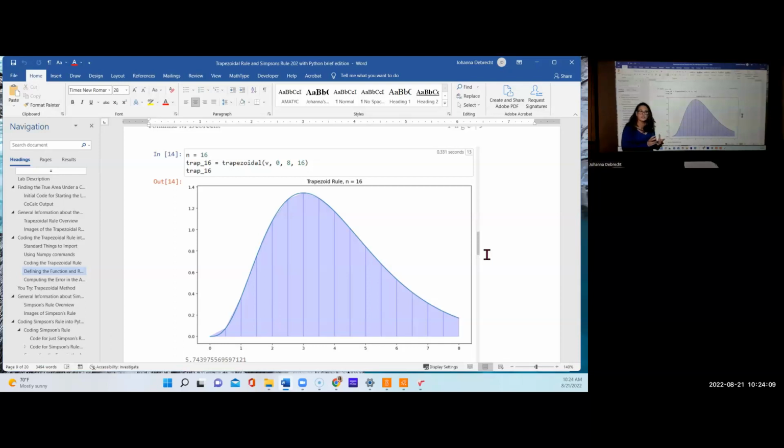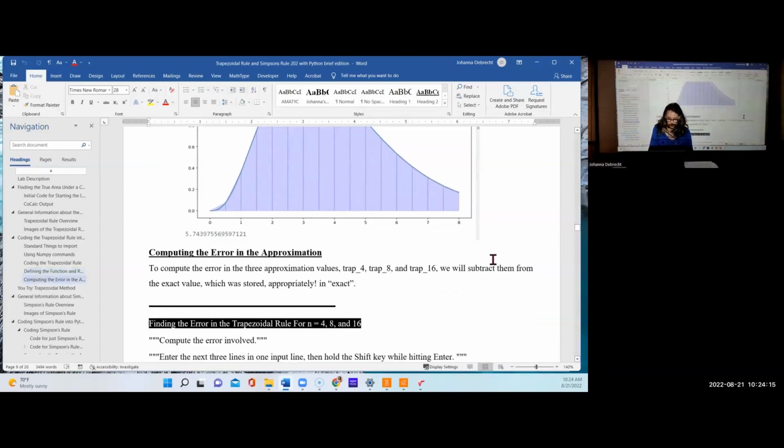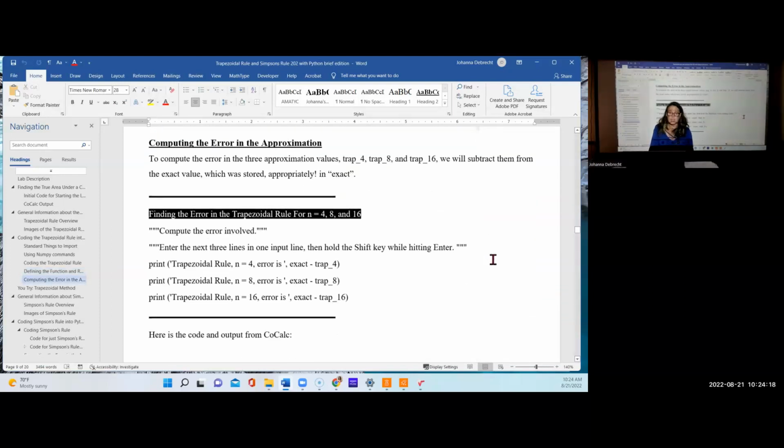Where the change in curvature is most rapid, then we can see some white space creeping in there. And we know it's still not a perfect approximation. Now, obviously, the number of trapezoids affects the accuracy of it. So if you took 100 or 1,000, then it's going to be far more accurate.